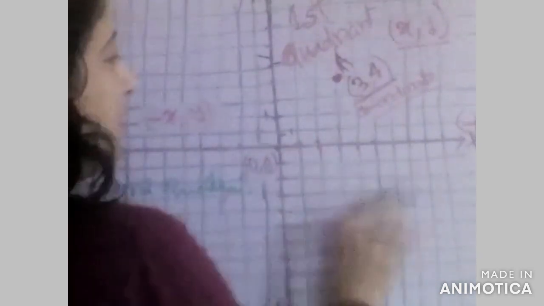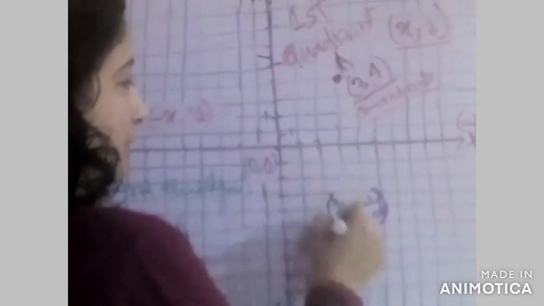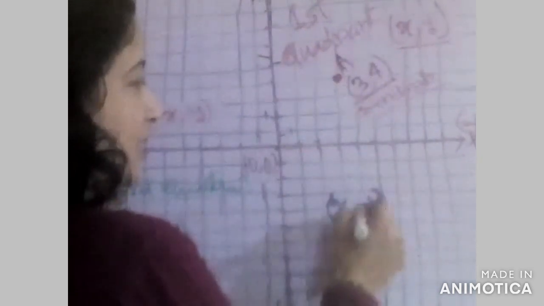So whenever we find any point whose ordered pair is (x, minus y), then we come here, because here x is positive and y is negative, because it's going down. So x is positive here and y is negative. This is the fourth quadrant.